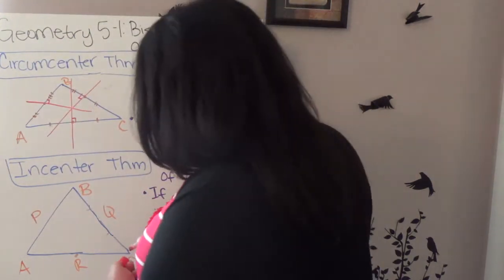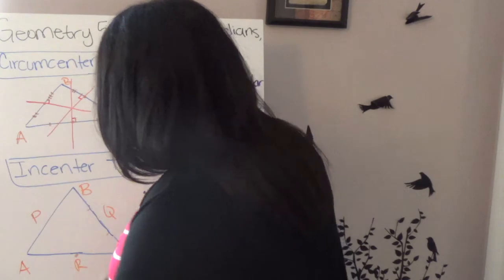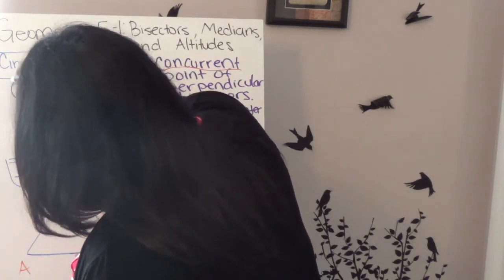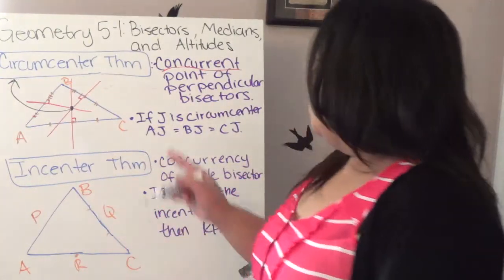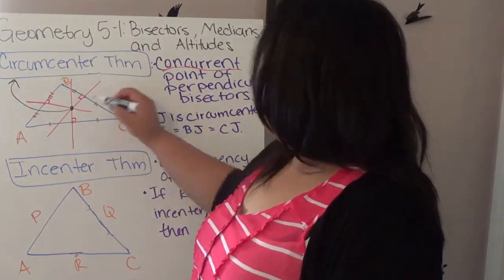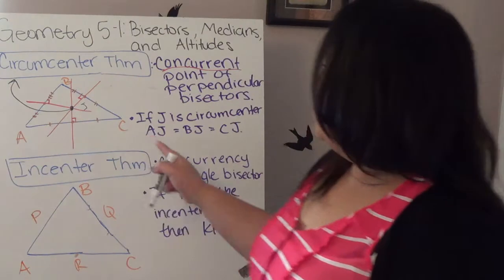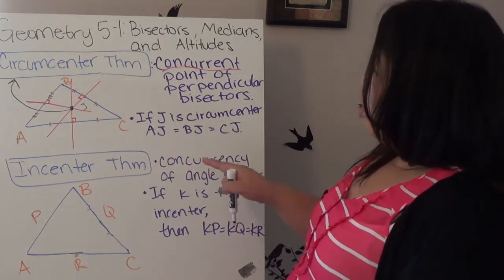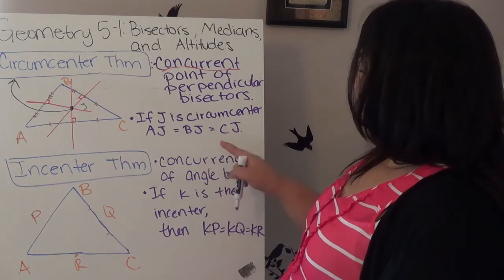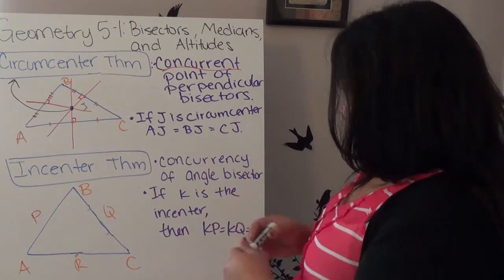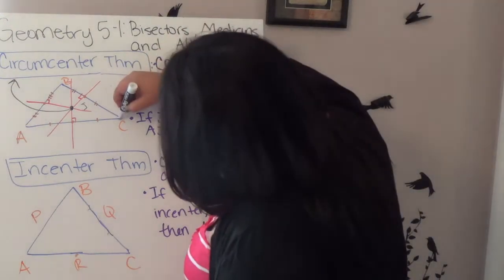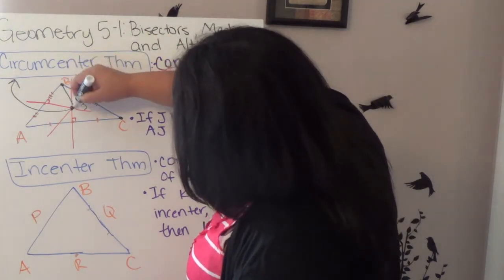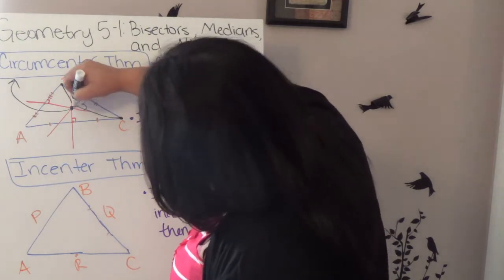Okay, and this point right here, this is the circumcenter. Okay, the circumcenter, so let's call this J. So this says that if J is the circumcenter of this triangle, that means all the lines AJ, BJ, CJ, so that means if I took a line and drew it from each vertex to here, they would all equal each other in distance.